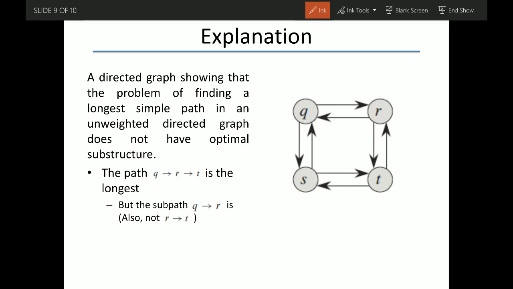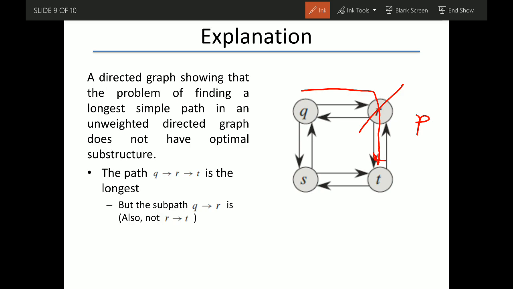So in this example, from Q to T there is the longest path QRT. Now if we divide this path at vertex R, there is a path from Q to R and R to T, and overall P is the longest.